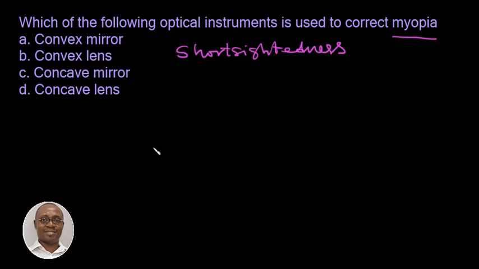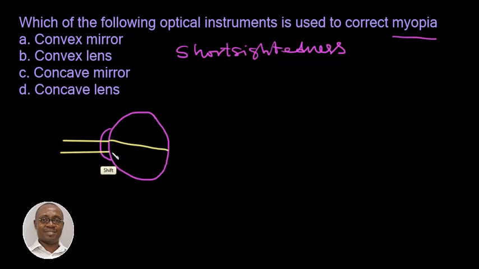Let us quickly depict that in a diagram. Let's say this is the ball. If we have the light rays coming through, they don't get to the retina.